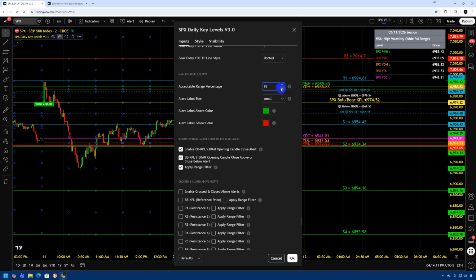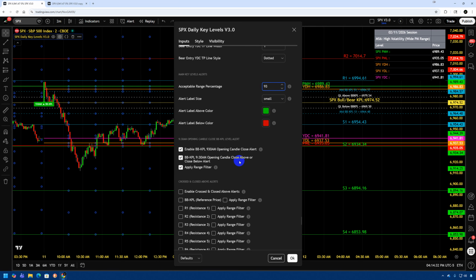Now, as I said, you can make this lower. As an example, if you don't want to enter anything that is above the midpoint, then you could change this to 50, and 50% would be the midpoint here or the midpoint here.